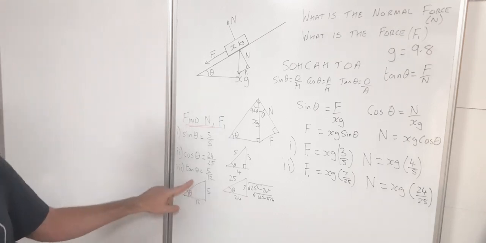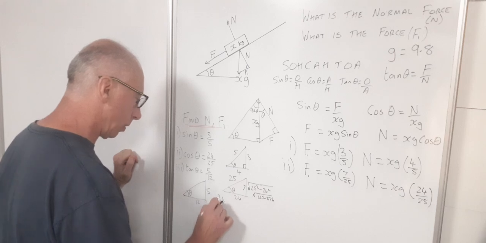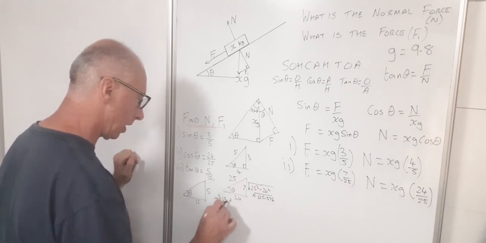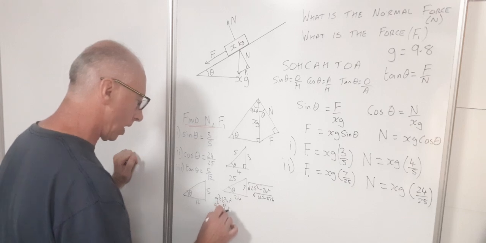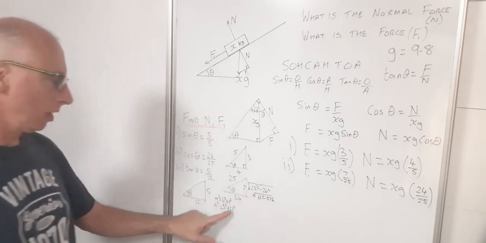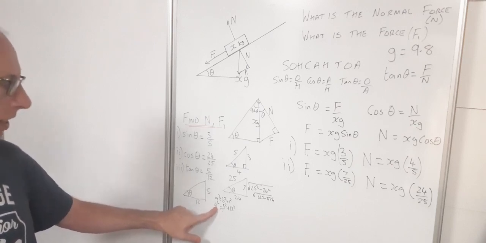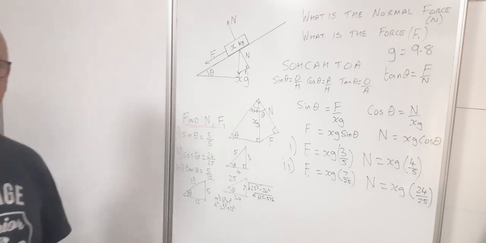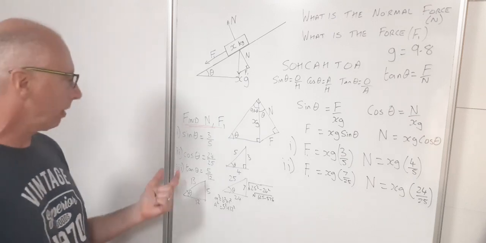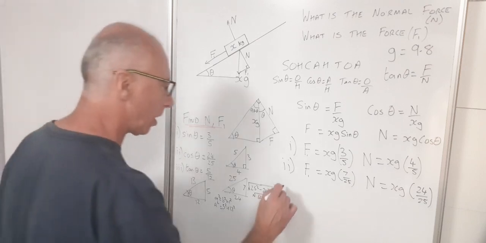If I want to work out this side, a squared equals b squared plus c squared. So a squared equals 5 squared plus 12 squared. 144 plus 25 is 169. Square root of 169 is 13. So this side is 13. Now I can work out what my sine theta and cosine theta are for part 3.